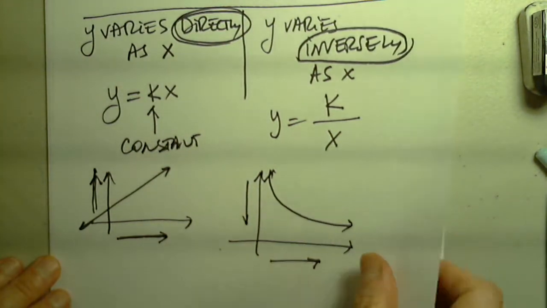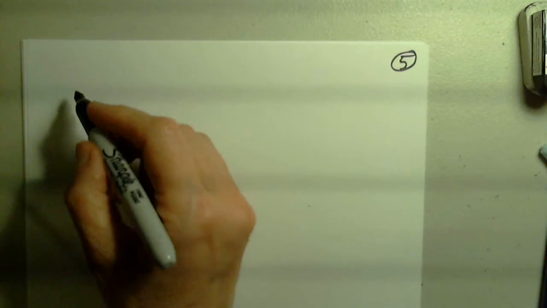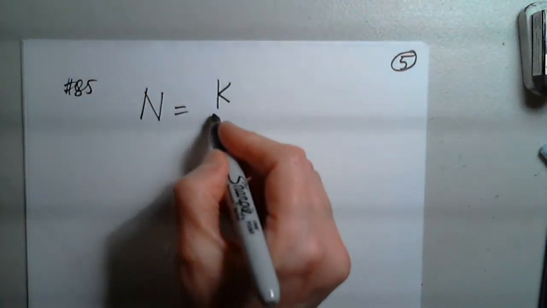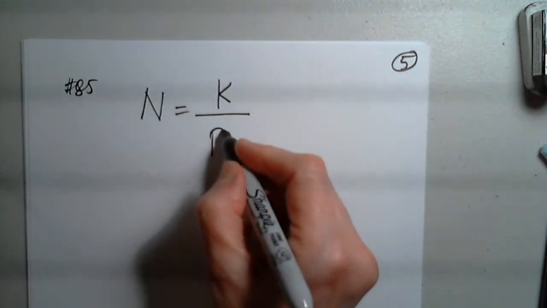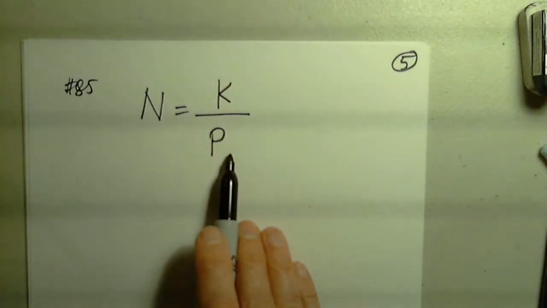So the price of admission. And I am on page 5. The number of tickets sold for a Humane Society fundraiser is inversely proportional to the price of a ticket P. So number varies inversely as P. Number, constant, price.